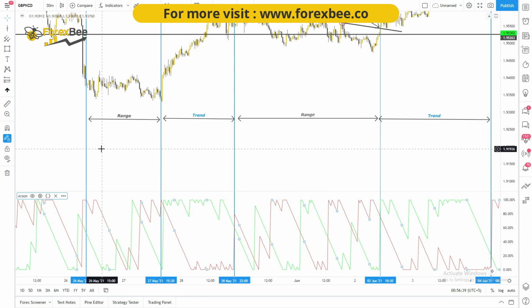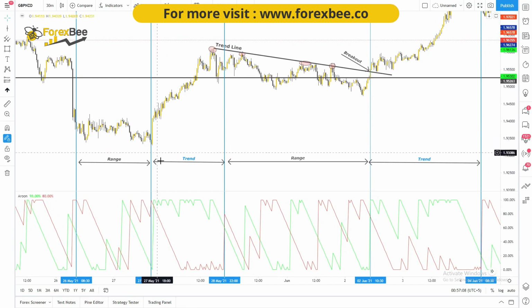Whenever you see the Aroon up and Aroon down moving parallel to each other, as you can see here, that basically means the price is going to move sideways. And whenever the Aroon up is touching the top and Aroon down is touching the bottom, that means the trend is going to break out.